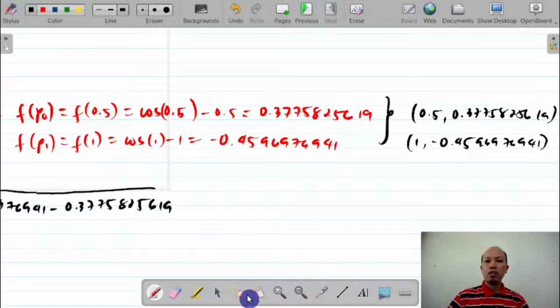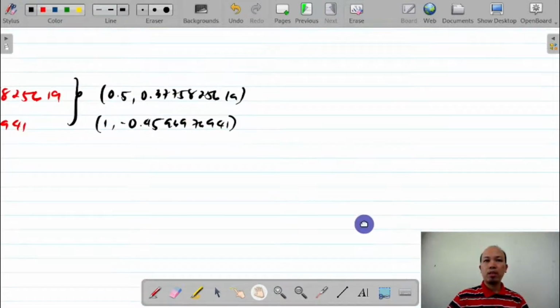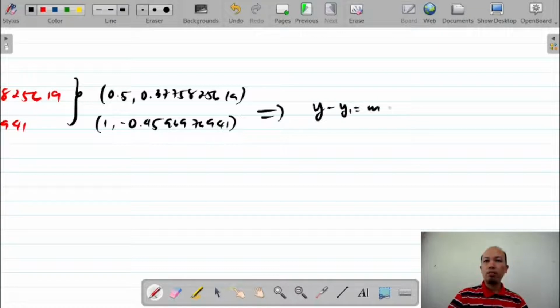Okay, so if you want to plot the second line, use this formula, y minus y1 is equal to m times x minus x sub 1. So this is very basic in calculus 1. This is our y1, x1 and then y2, x2. Okay, so just plug in here.